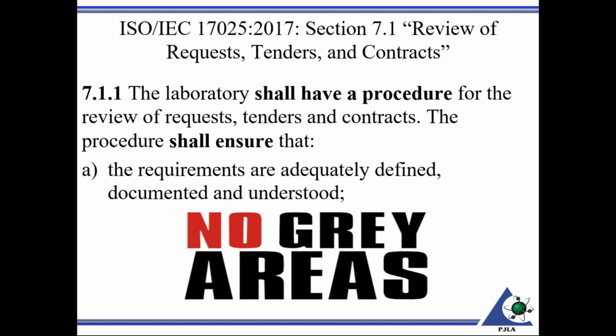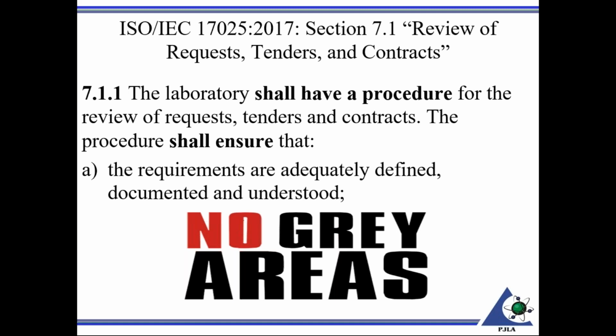So we're going to get right into the requirements. Right off the bat, Clause 7.1.1: The laboratory shall have a procedure for the review of requests, tenders, and contracts. The procedure shall ensure that, first, line A, the requirements are adequately defined, documented, and understood.